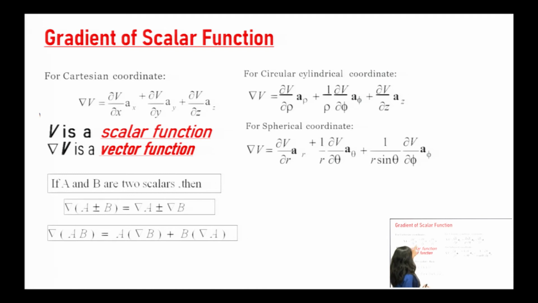Here one thing should be noted: ax represents the direction, however dV by dx, dV by dy and dV by dz represent the magnitude of gradient.